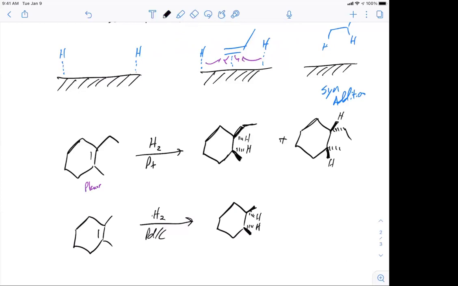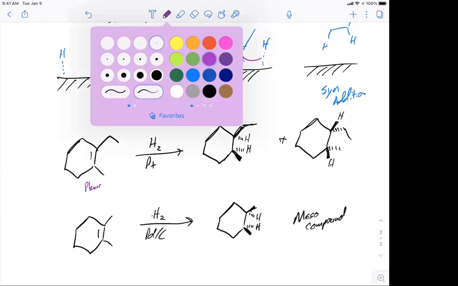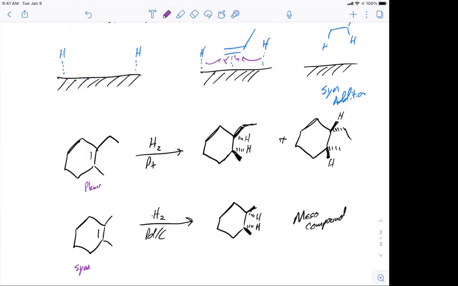But in this case, this is a meso compound, so it doesn't have an enantiomer. If this had been a symmetric molecule to start with, then we would end up with a meso compound, both hydrogens adding to the same side.